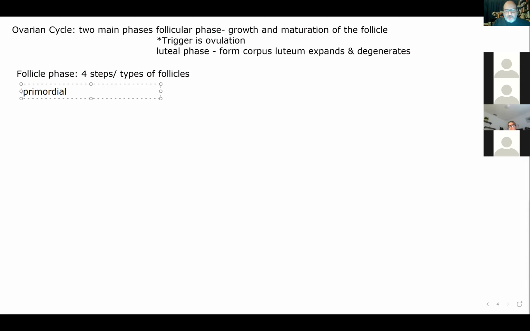All right, we got the primordial follicle. Excellent. Describe what a primordial follicle is for me. It's a primary oocyte stuck in prophase 1, surrounded by simple squamous cells, or follicular cells, I think they're called.